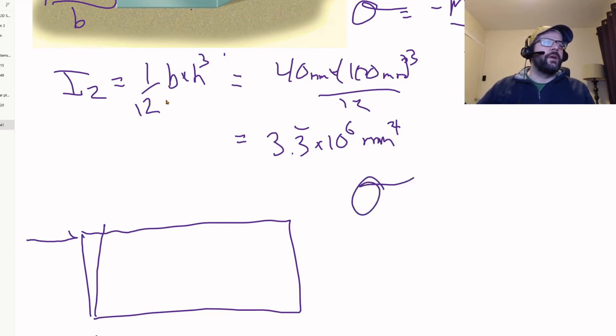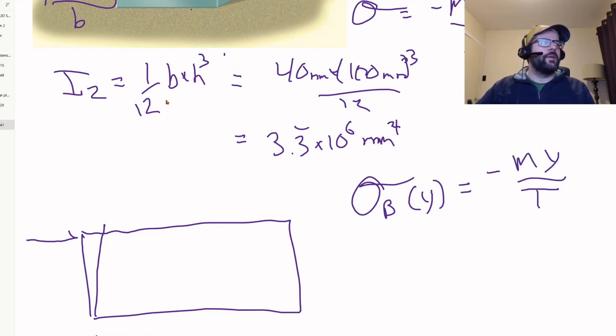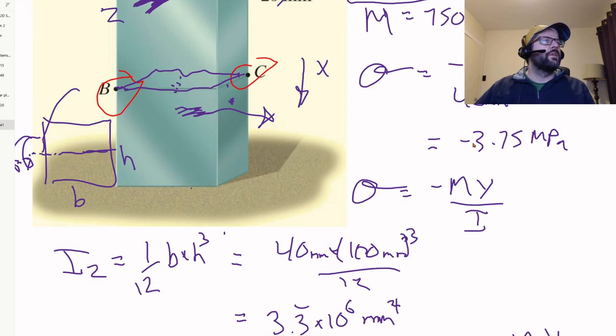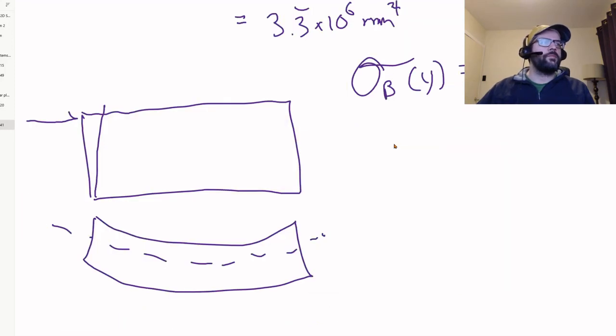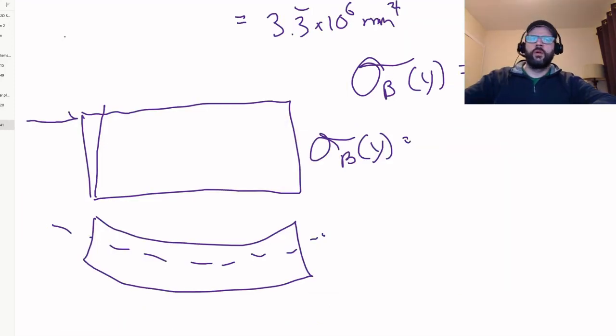So our sigma bending as a function of y is equal to, again, negative M times y over I. So we have the 750 kilonewton millimeters. I'm going to put it in newtons and millimeters.